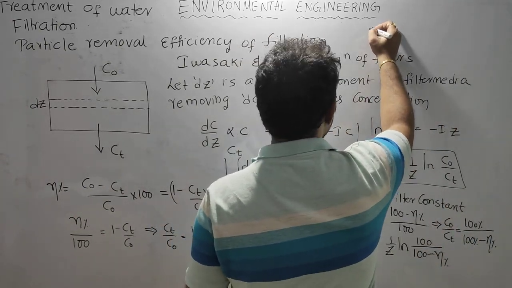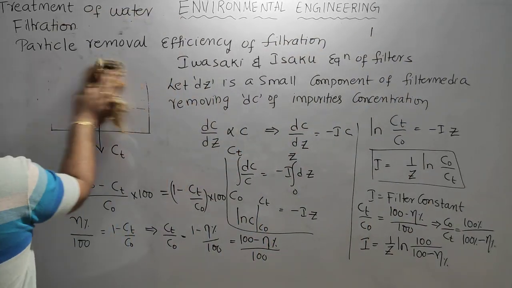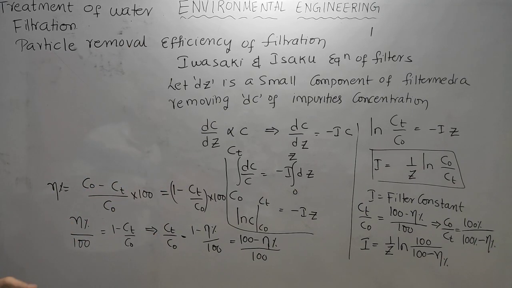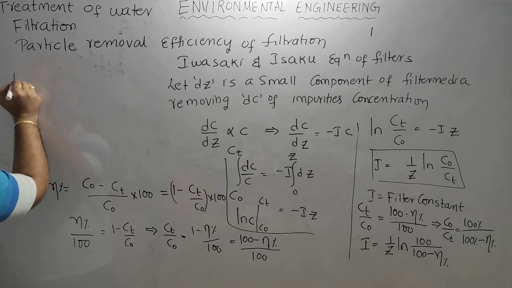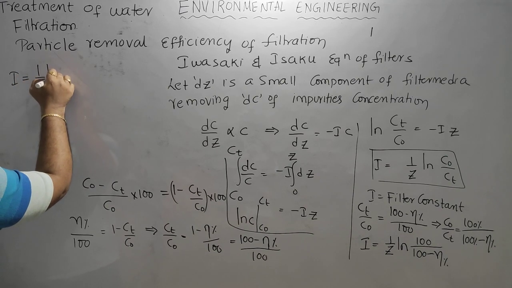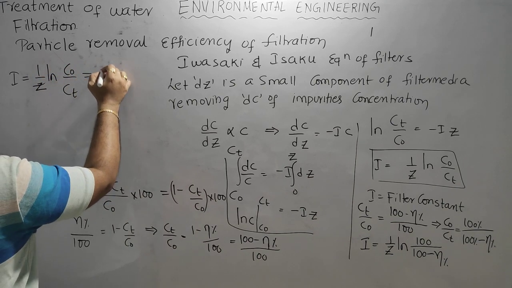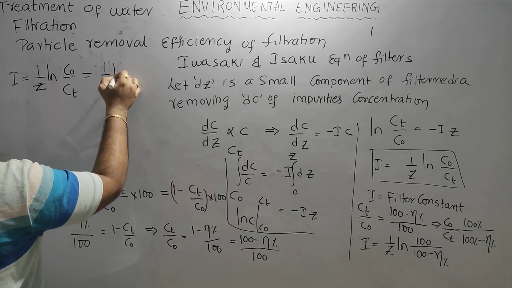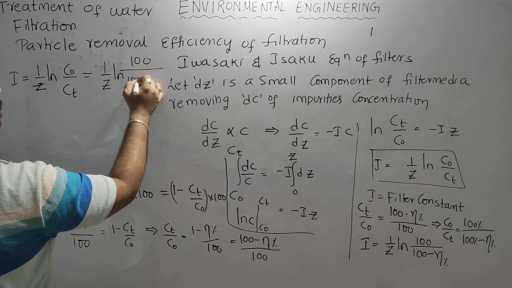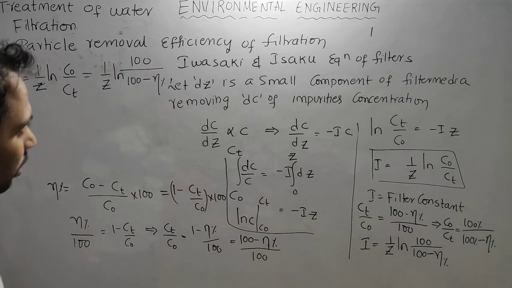So as per the Iwasaki-Isaku equation, the filter constant I is equal to 1 by Z ln C0 by Ct, which is equal to 1 by Z ln 100 by 100 minus efficiency. Very important formula for GATE.